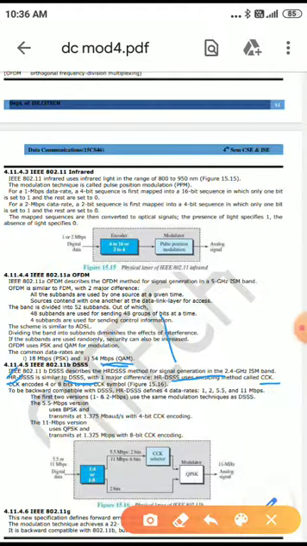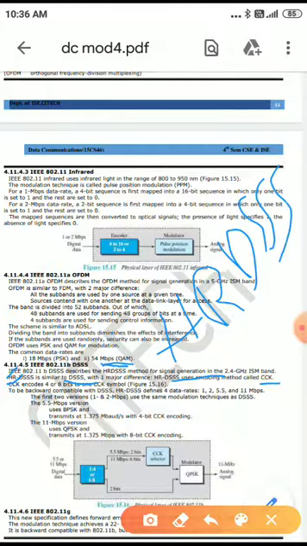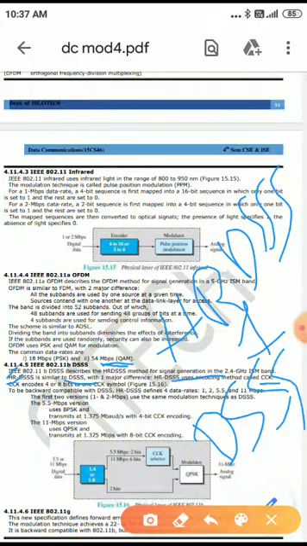So HR-DSSS differs from DSSS in that it uses CCK as its encoding method. CCK is nothing but complementary code keying.